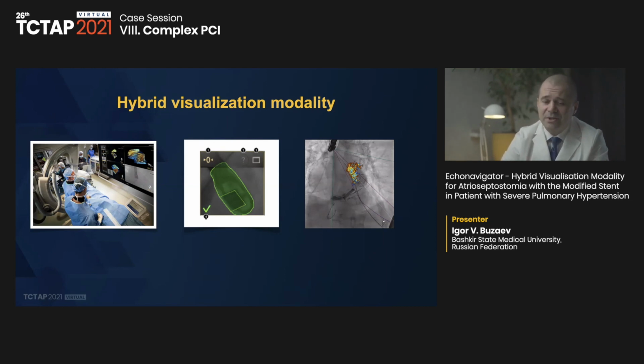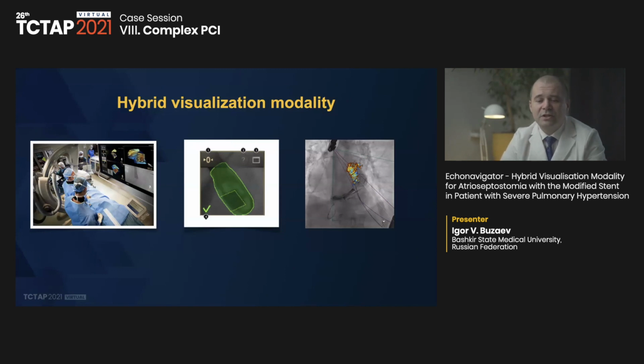It is sometimes hard to understand what part of the catheter is in the echocardiography picture. So in atrioseptostomy with stent for pulmonary hypertension, echocardiography shows us the septum, but fluoroscopy shows us the entire stent. But we are limited in understanding the relationships.